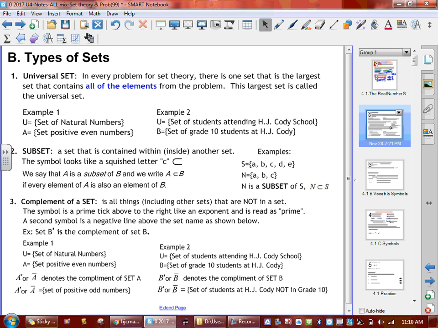If I wanted to pick a subset of that, which is example 2 here, a subset is another set contained within a set. So if my universal set is our school, somebody give me an example of a subset. Grade 11, grade 10, staff.